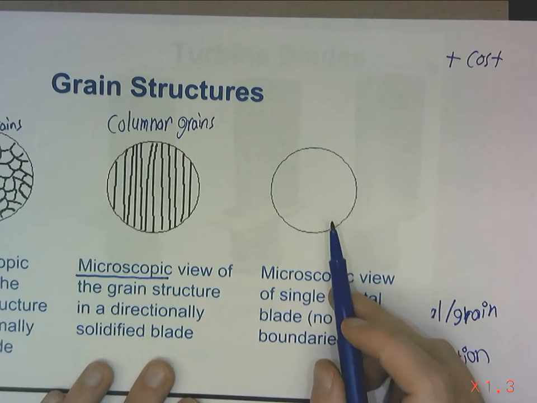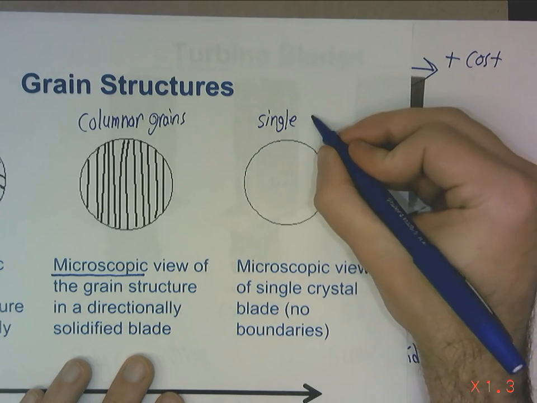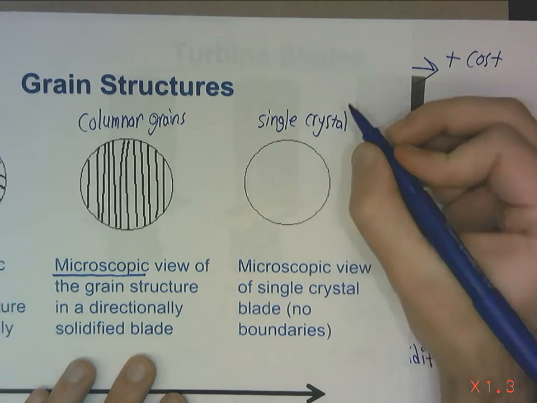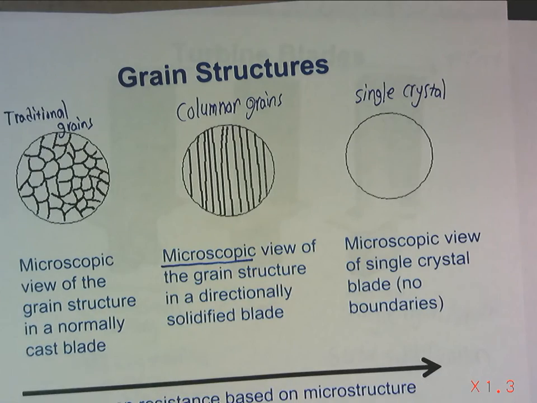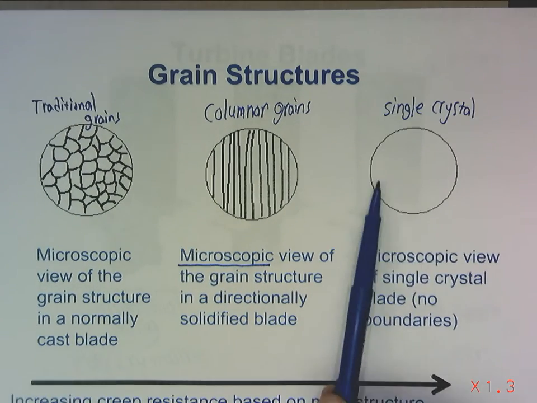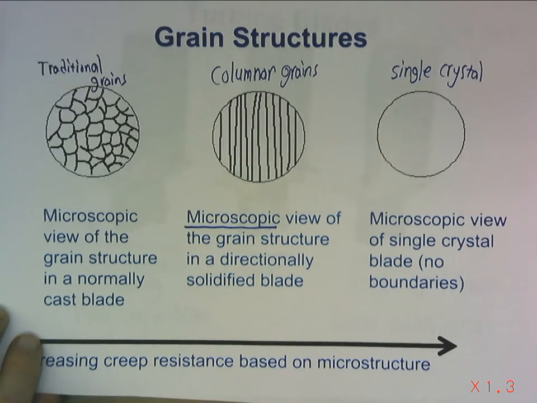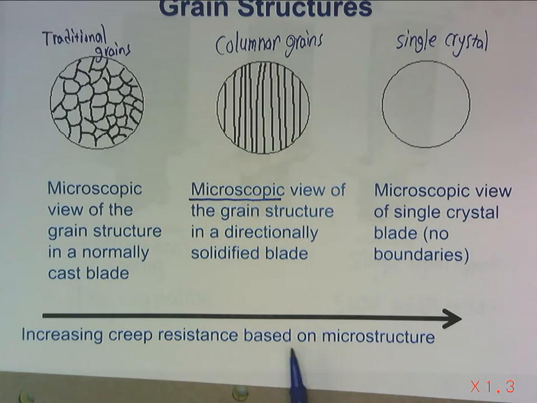Columnar grains. And then this is a single crystal. There's nothing to see in the microscope because we don't have any grain boundaries to see. Right? So in a conventional light microscope, we wouldn't see anything. It would just be a polished surface. So, there's our increasing resistance to creep just based on the microstructure.